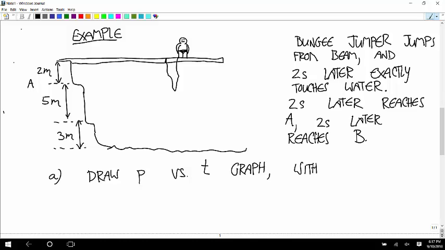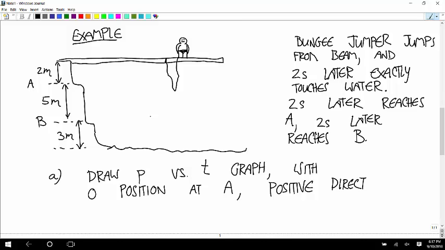Let's say the 0 position is at point A. Positive direction is up. And 0 time is when he jumps.